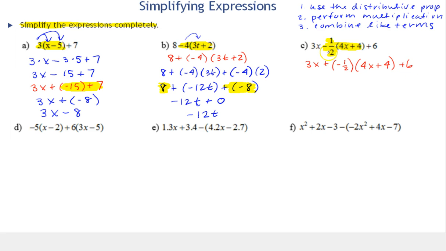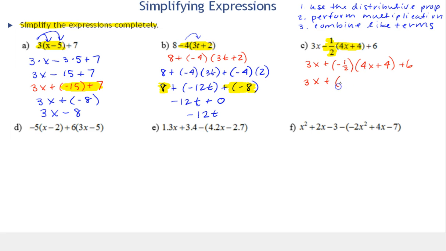Okay. So I rewrote the subtraction as addition, and then I changed the 1/2 to a negative 1/2, okay, like the coefficient. So now let's perform the multiplication, or sorry, we're just distributing here, which is multiplying.